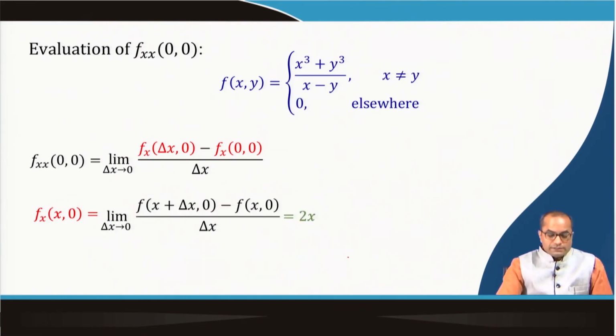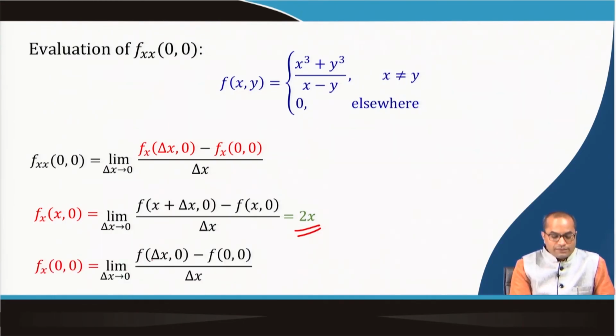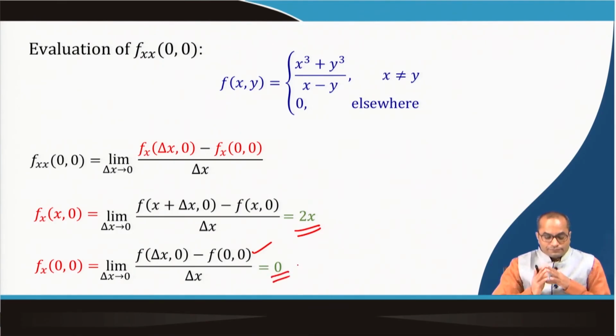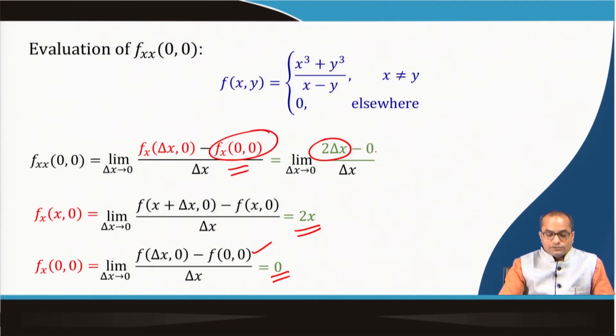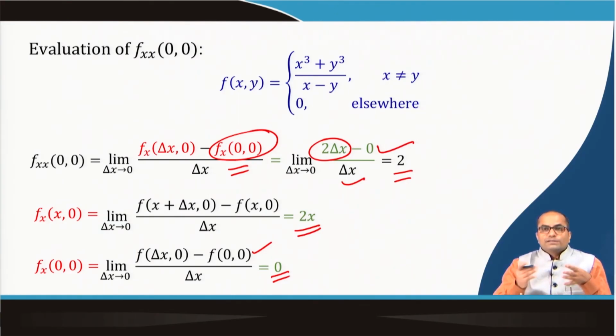So, this limit is 2x, and for f_x(0, 0), when we have f_x(delta x, 0) minus f_x(0, 0), f(0, 0) is 0, and here we will evaluate this, and this is also coming to be 0. So, having this in hand, we will substitute this there. So, we have 2 times delta x minus f_x(0, 0), which is 0, over delta x, and this value is 2.